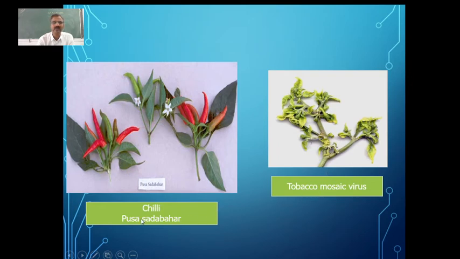Now we have a variety called Pusa Sadabahar, which is developed by IARI and is resistant against this disease. You can see the leaf structure of the disease resistant variety Pusa Sadabahar and also the variety which is not resistant. Quite naturally it affects the yield of the crop plant.